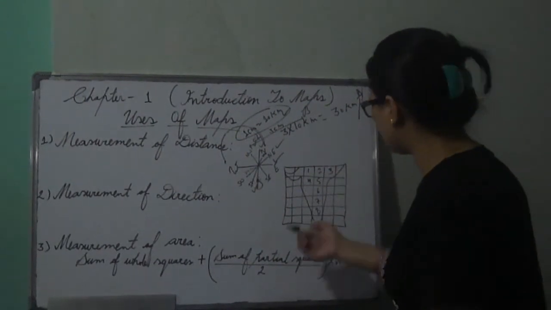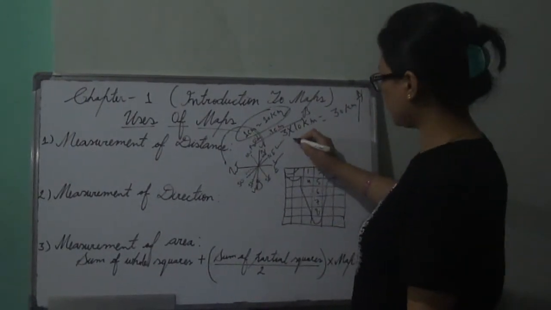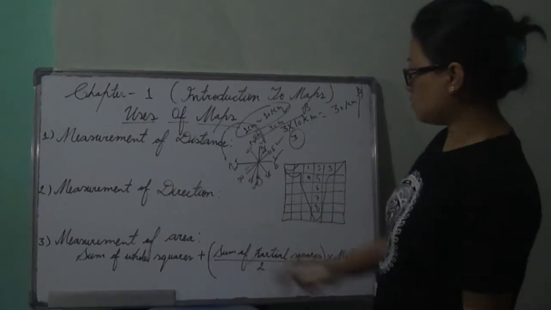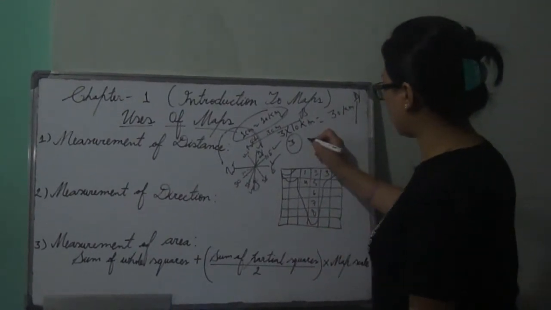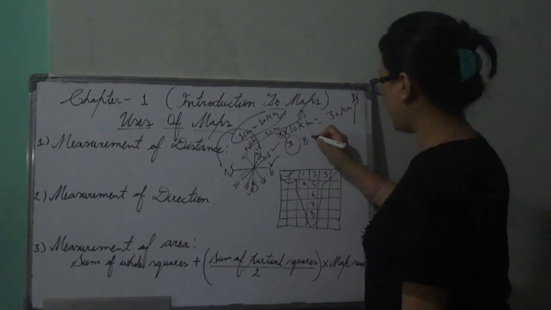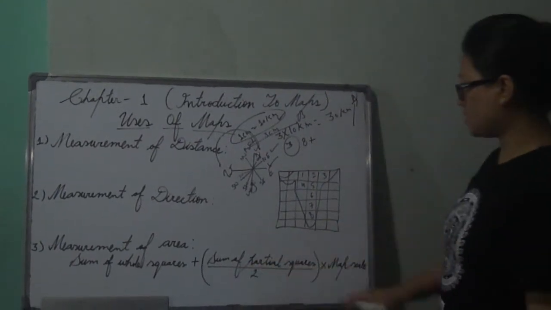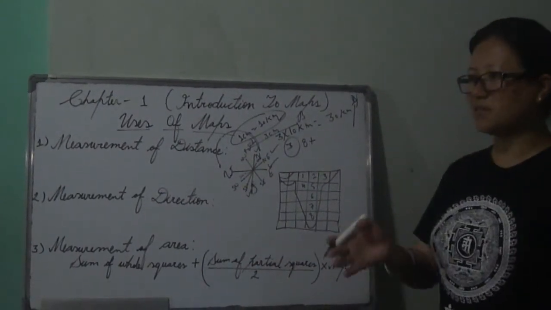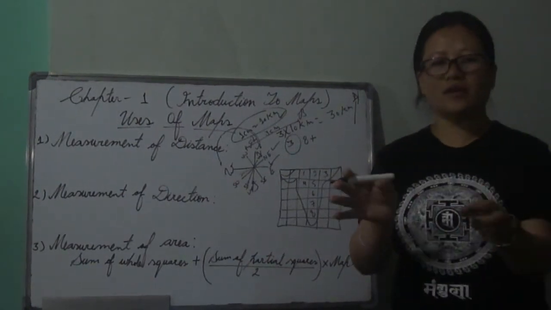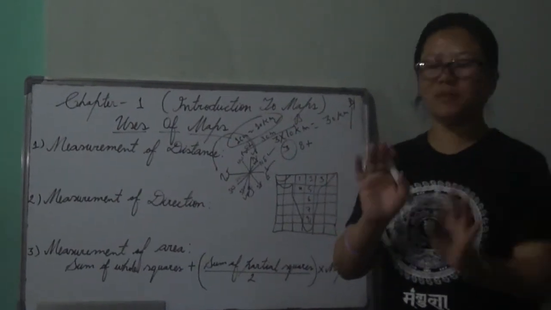So I'll just do this solution here only. This is number 3. So the sum of whole squares is 8, plus the sum of partial squares. Let's check how many. Partial means it could be half, 1/4, whatever it is. What is not complete, that is partial.